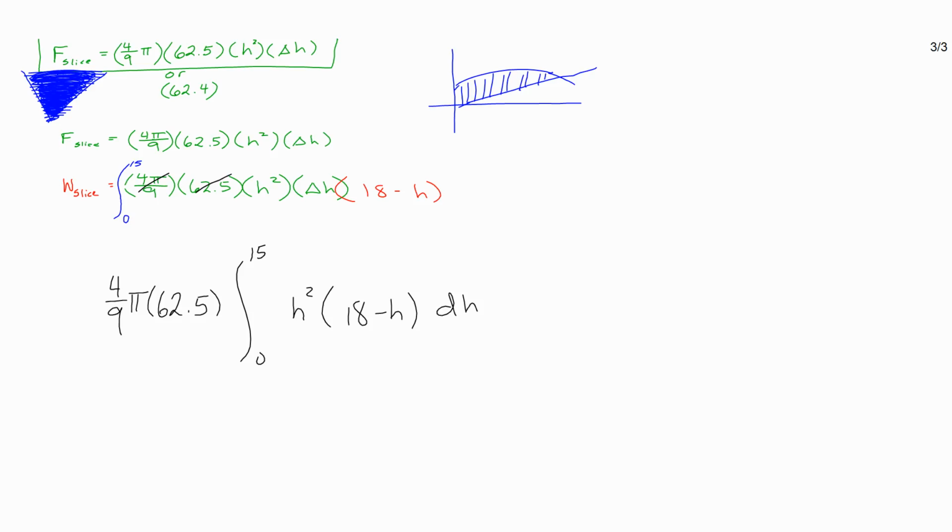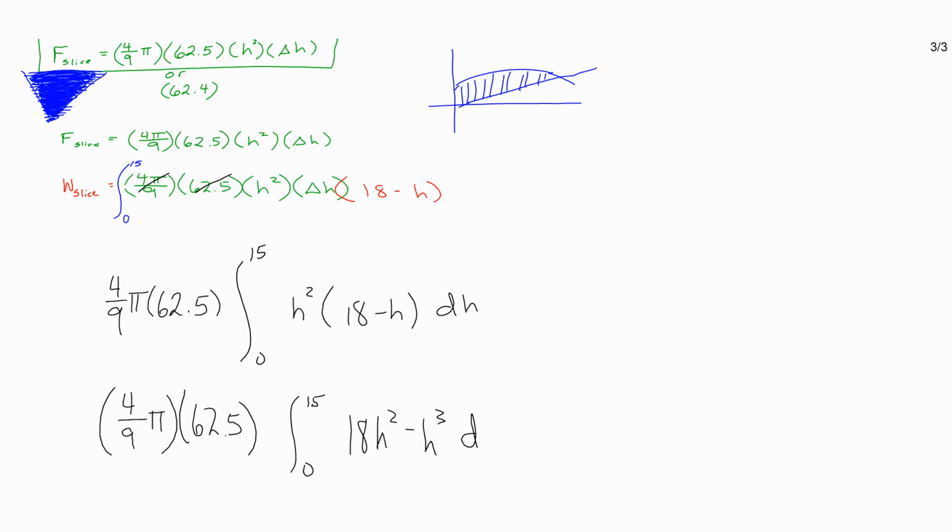And then we get 4/9 pi times 62.5, and that's going to be 0 to 15 of 18h squared minus h cubed dh.